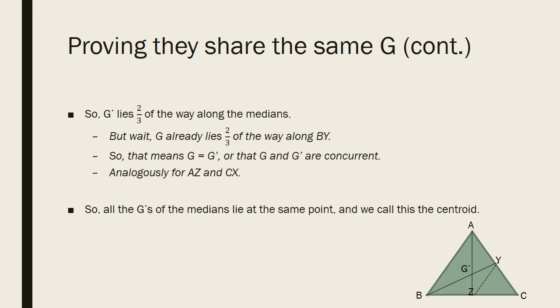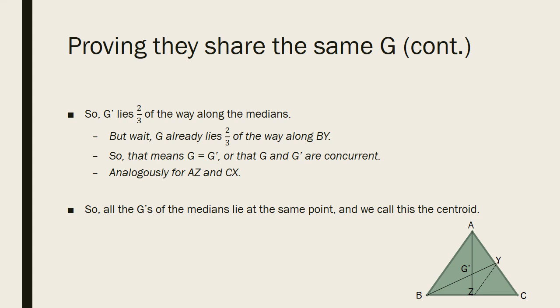But the point G in our theorem also lies 2/3 along the way of the median BY. So that would mean that the points G and G prime are concurrent. And this can similarly be shown by looking at the medians AZ and CX, that they also lie on point G, which means that the point G is the intersection of all three medians, and we call this point the centroid.